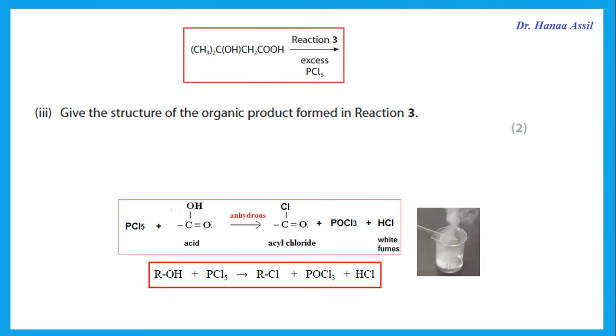In both cases, you have HCl gas as a product, and this is seen as white fumes or steamy white fumes. So we have this with an acid part. The acid part at the end will become acyl chloride, and the OH in the middle will become a chlorine. So you can either write it as a skeletal formula or a structural formula.